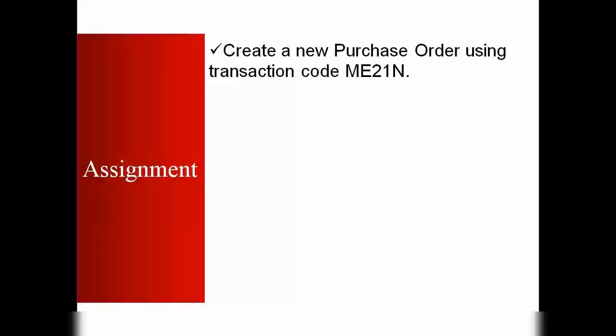When you create this purchase order, you can use the same vendor and material that I'm using. In the next video, I'll show you how we can create our own vendor number and material number that you can use in the next purchase order. But for now, just use the same vendor and material, or follow my steps.